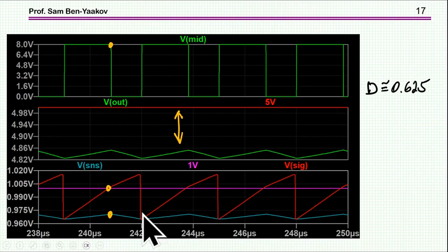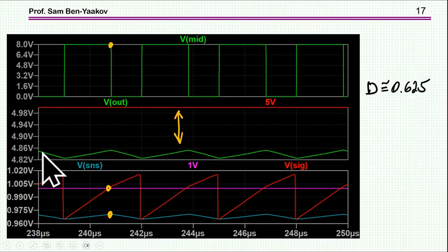Now, what we see now is that the original ripple is this one, and now I'm adding this slope compensation. Well, I may have exaggerated with the amount of slope that I've added, and this is just to emphasize the fact that when the ripple is higher, and since I'm looking at the peak value, then the average now of the output is away from the 5 volt.